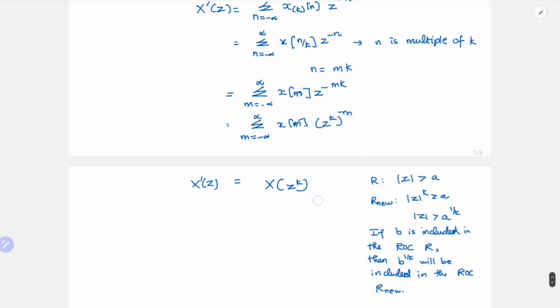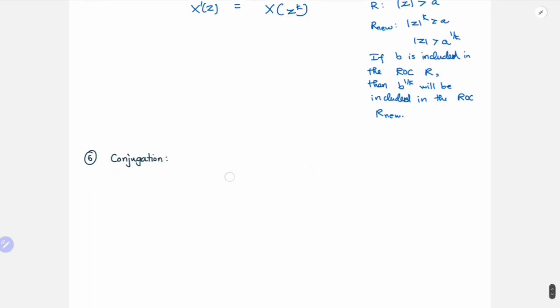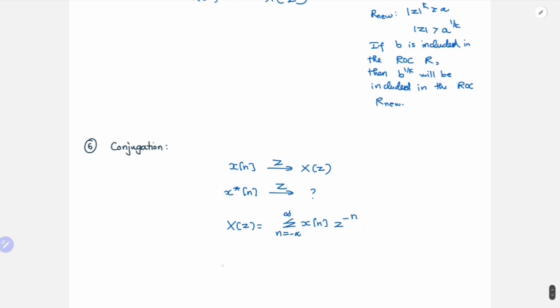So the next property we look at is conjugation. If my x of n has a Z transform X of z, what will x conjugate of n have? Let me start with summation n equal to minus infinity to infinity x of n z power minus n. I'll take the conjugate on both sides.